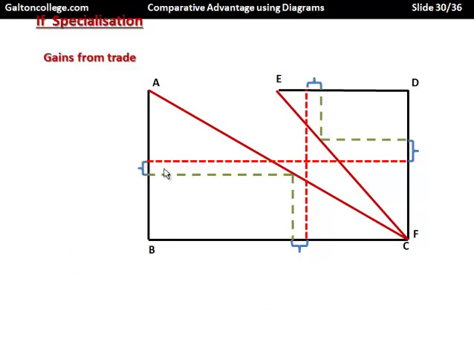And you'll see that this red line here, this new one, represents more potatoes and also more coal for the Americans. Also more potatoes and more coal for the British, for the UK.